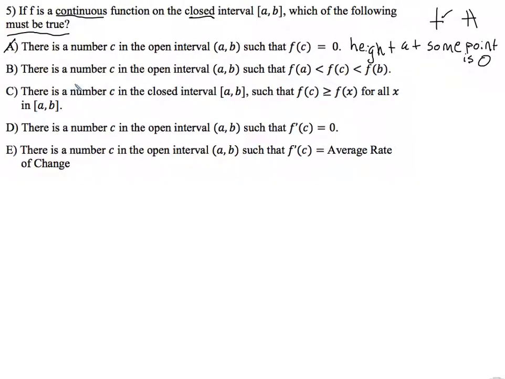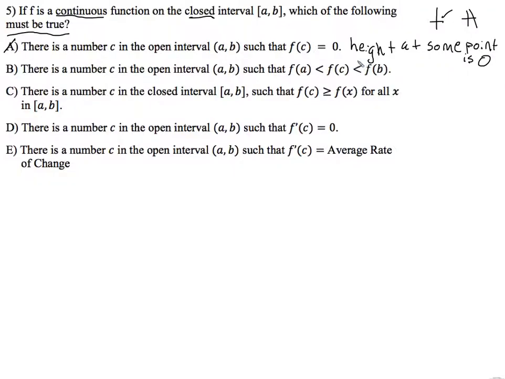All right, a new person, translate this part right here, this last line. In the open interval, what does this mean? Okay. The height of the minimum is less than the height of some point, which is less than the maximum. Close.